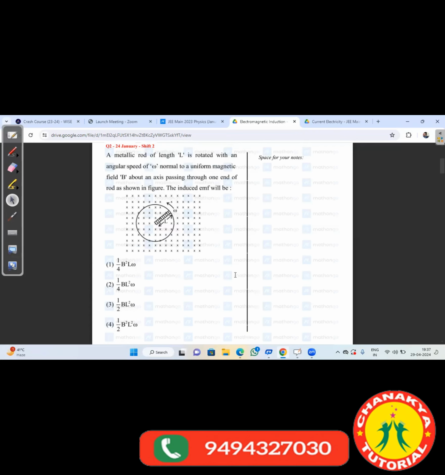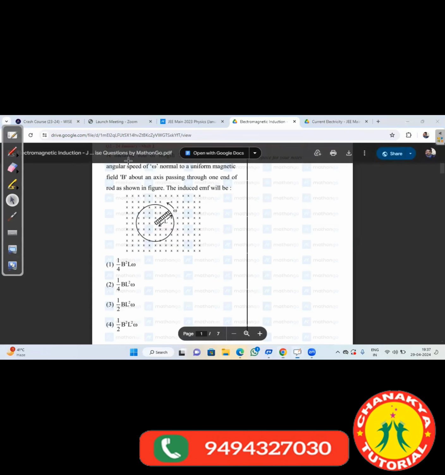So what should we utilize here? Any idea? What is changing here? Is there a changing magnetic field, or is there a changing area?